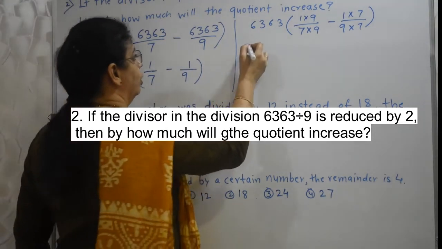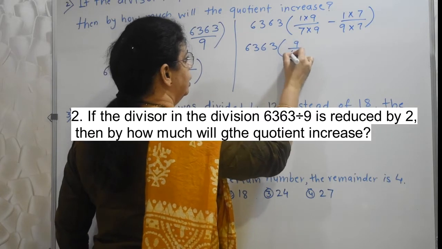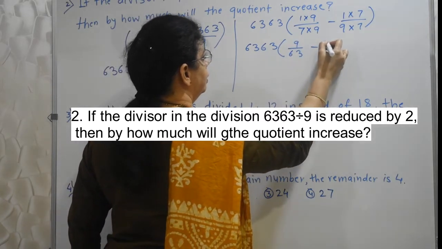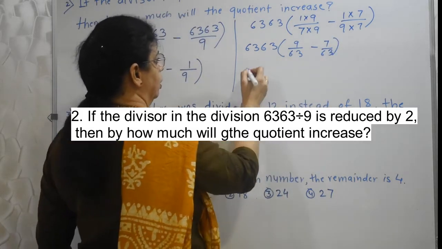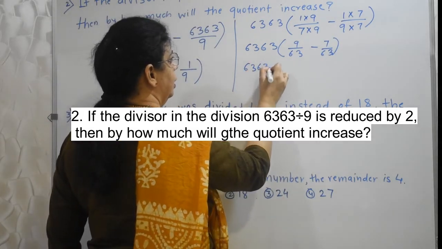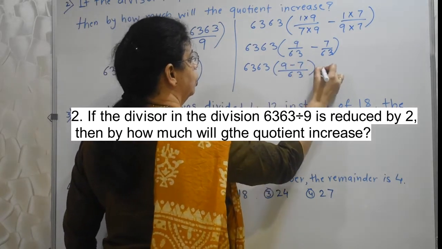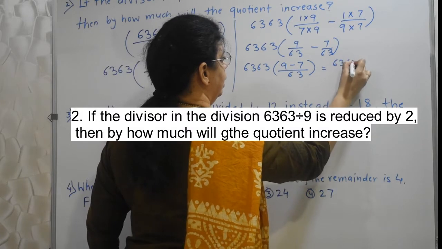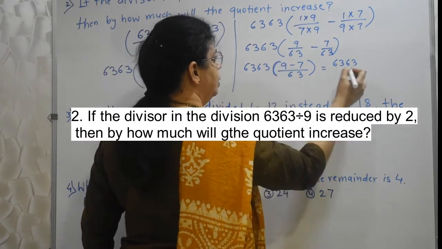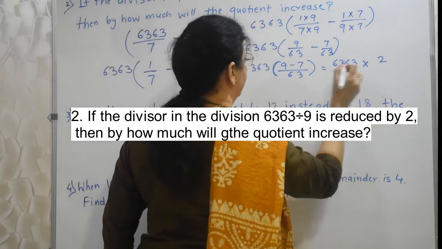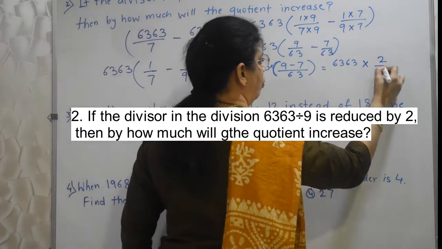So what is this? 6363 bracket 9 upon 63 minus 7 upon 63. Now I can do this subtraction. 9 minus 7 over the common denominator. So the answer is 6363, bracket means here it is into. Here it is an invisible into, children. So 2 upon 63.